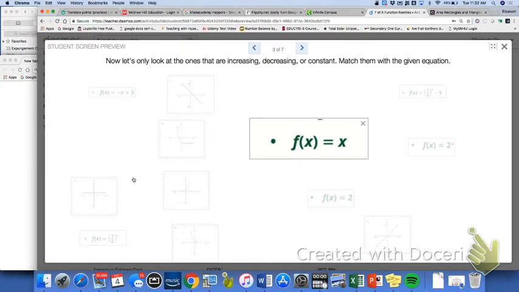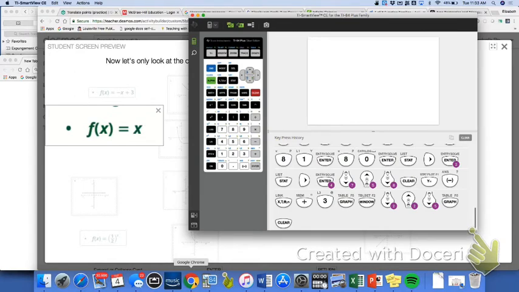Okay, I want you to try to type it in there yourself. If you mess it up, who cares? You know you've done the right thing if you get a graph that matches.